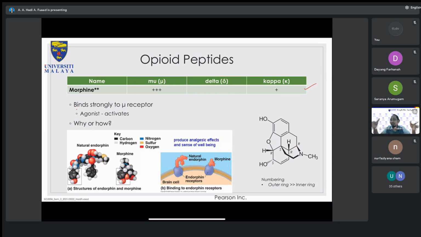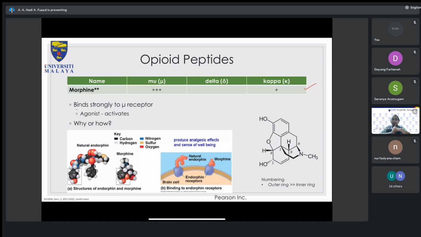And if you actually see the person who is under morphine, they tend to laugh and smile a lot. It is actually because morphine is activating the mu receptor in the same way as how endorphins, the happy molecule, activate the receptor.